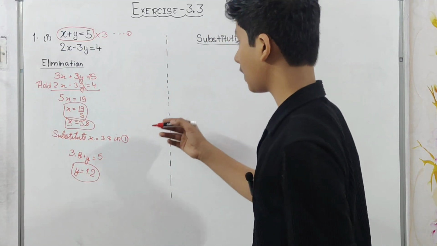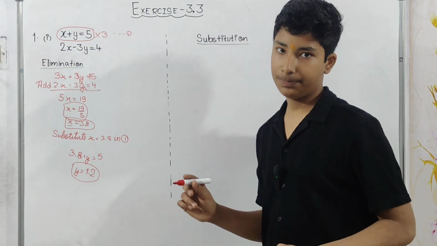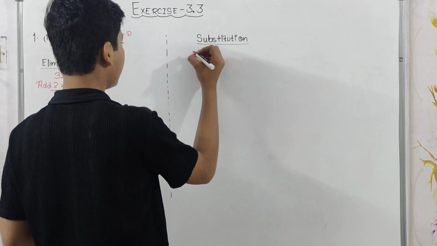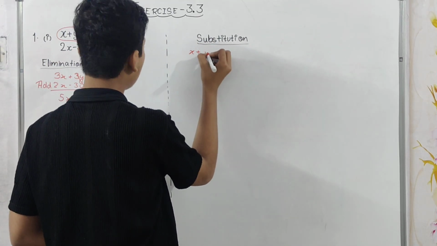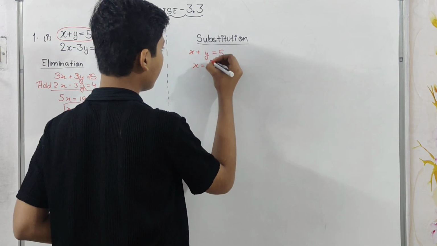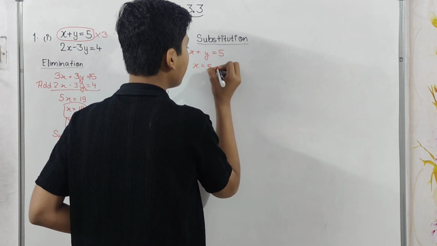Now we'll do the same thing using the substitution method. So what we will do? We'll use the first equation, x plus y equals to 5. So the x value is 5 minus y.